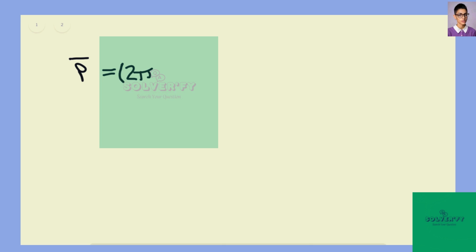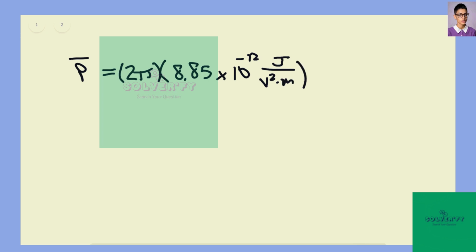So we have 2 pi, and our epsilon naught, our vacuum permittivity term, is a physical constant that we know is 8.85 times 10 to the negative 12 joules per volt squared times meters. And also our speed of light, of course, is 3 times 10 to the power of 8 meters per second.